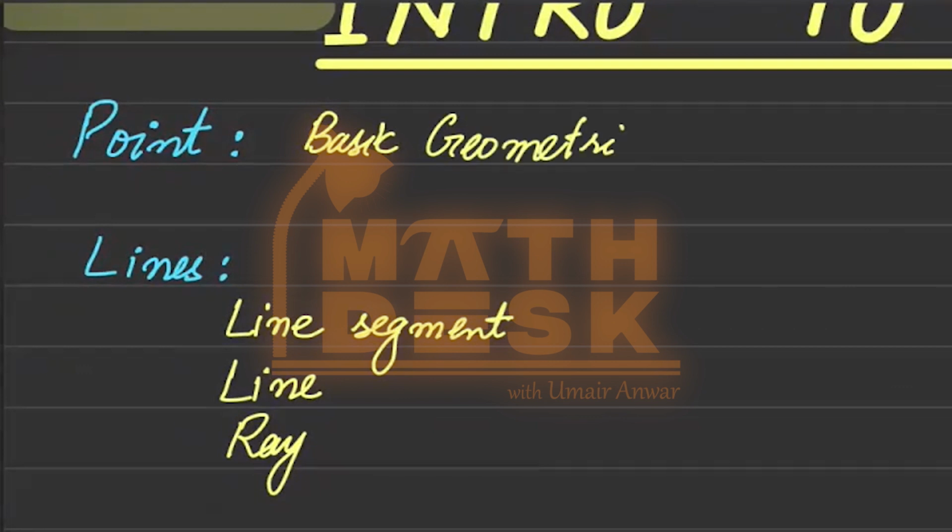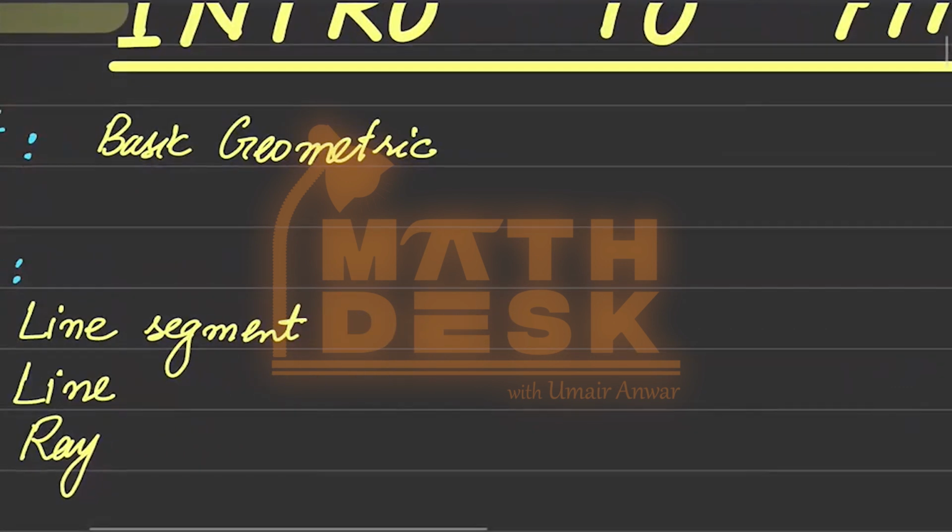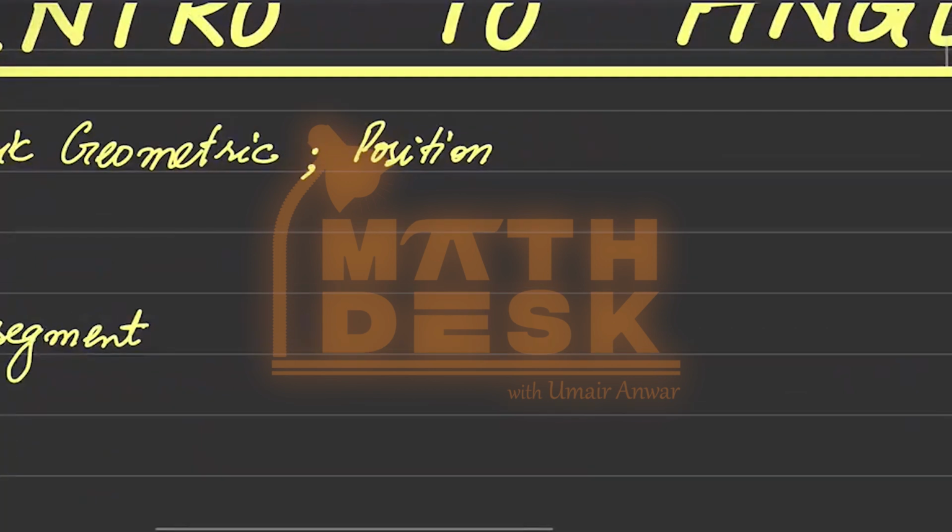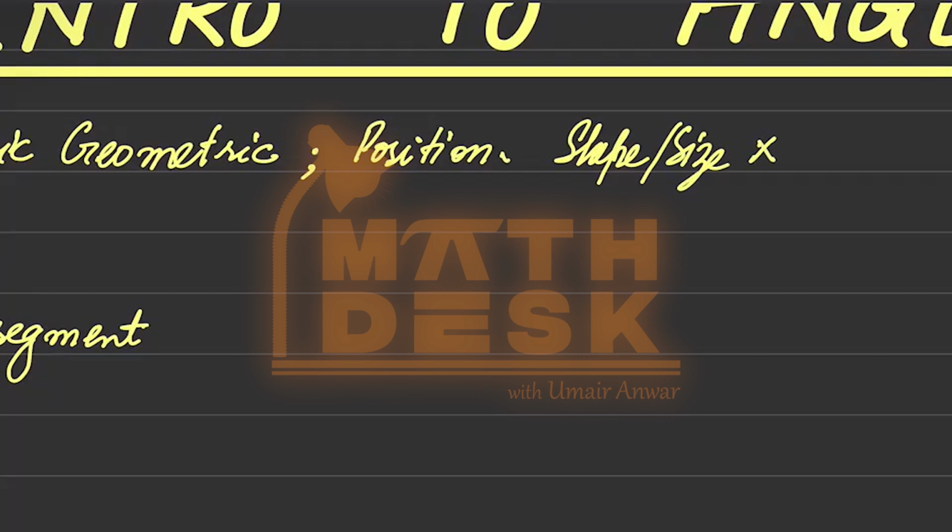And this is something which has a position, but it does not have any shape or size. So a point can be located according to its position.